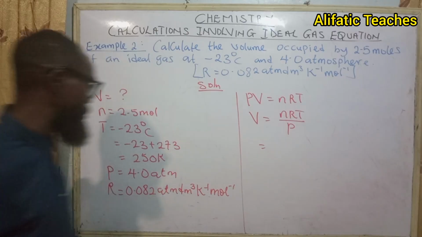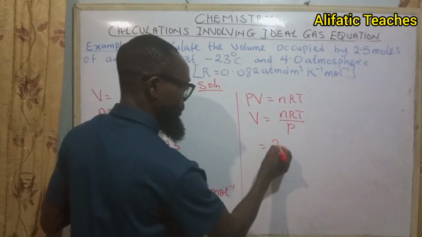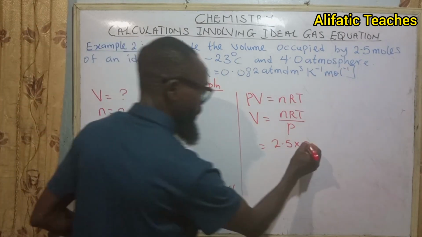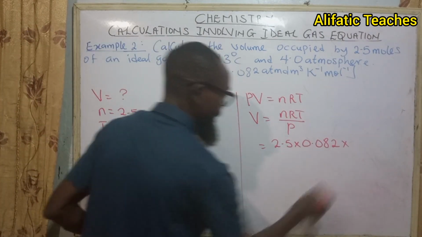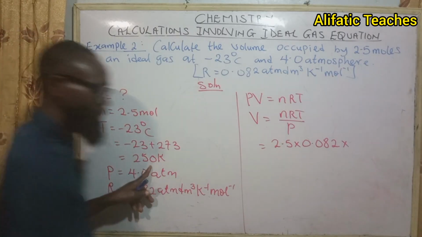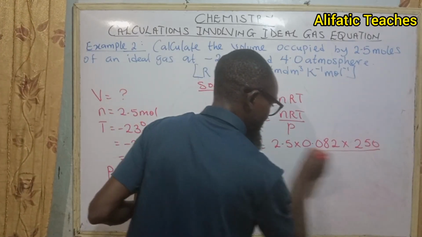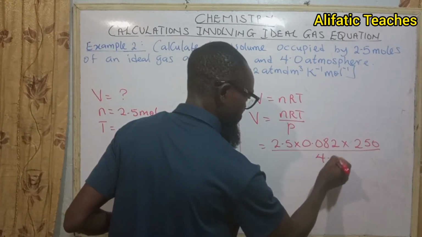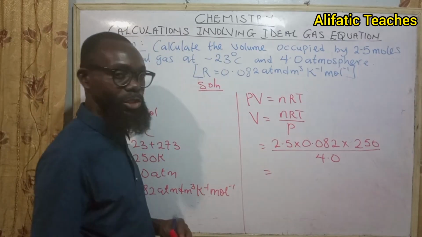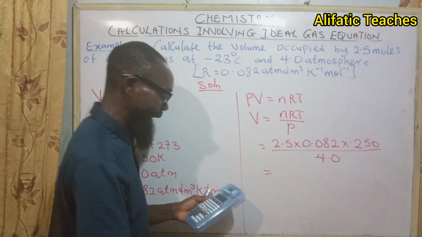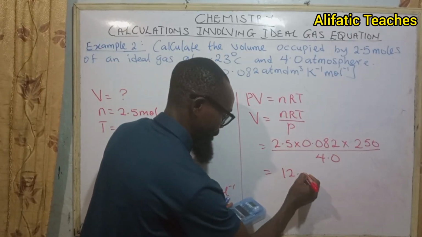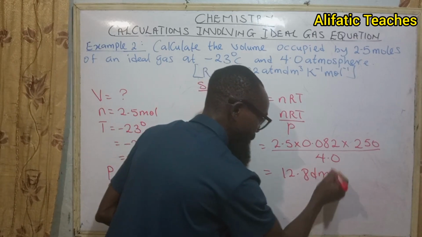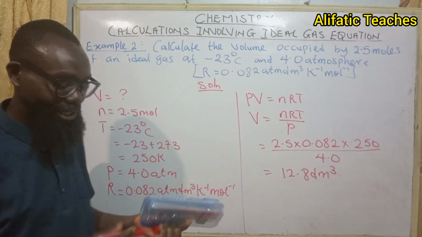So what is our number of moles given here? 2.5, multiplied by our R, 0.082, multiplied by the temperature we just calculated, 250 Kelvin, divided by the pressure, 4.0. Now let's multiply the numerator and divide by the denominator. So we have 12.8. And the unit of volume now is dm cube. So 12.8 dm cube.